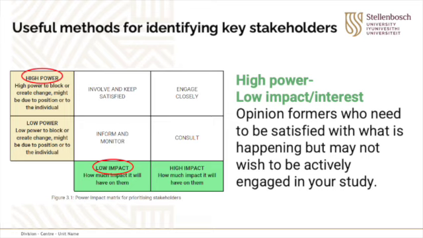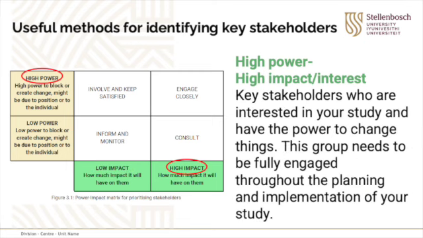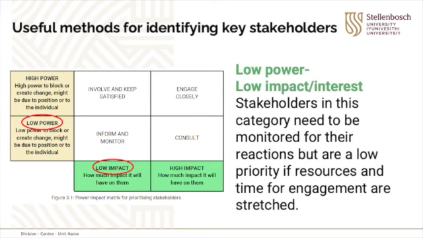So high power, high impact: these are stakeholders who are interested in your study and have the power to change things. This group really needs to be fully engaged throughout the planning and implementation of your study. Then you have the low power, low impact or low interest groups.